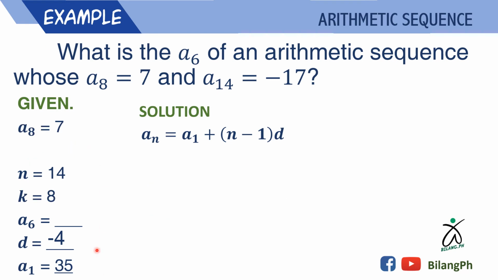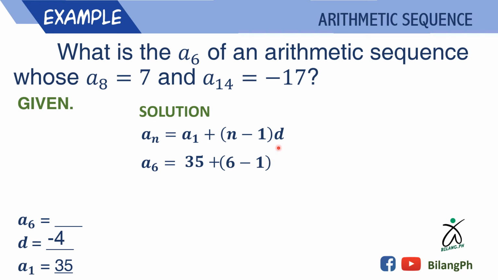Pwede na natin hanapin yung a sub 6, pero tanggalin natin yung mga hindi kailangan para hindi mas nakakalito. Ang a sub n ay a sub 6 kasi yung hinahanap natin. Ang first term kanina ay 35. Ang hinahanap kung pang ilan? Pang 6. So, 6 minus 1. Ang common difference natin ay negative 4.